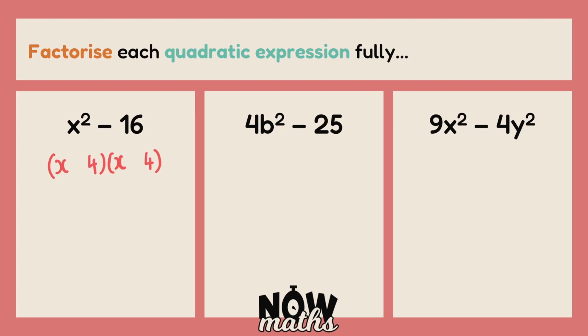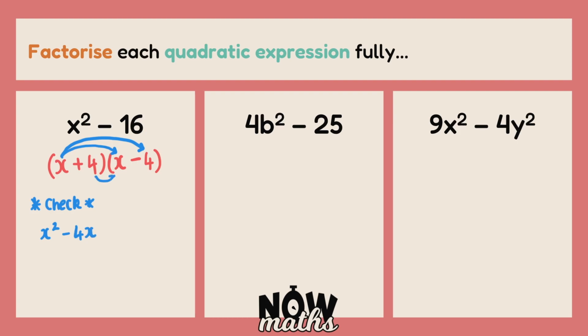And given that these two 4's need to multiply to give us -16, one must be positive and the other must be negative. Now just to check that this has worked, we're going to expand the double brackets out and check we get what we started with. So starting off with x multiplied by x, which is x squared. Then x multiplied by -4, which is -4x.